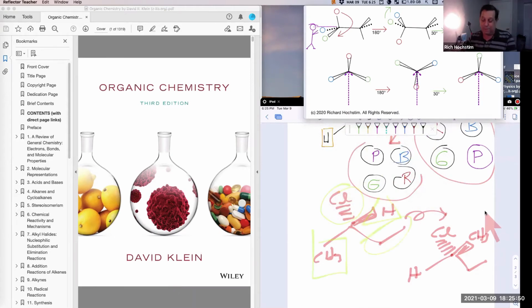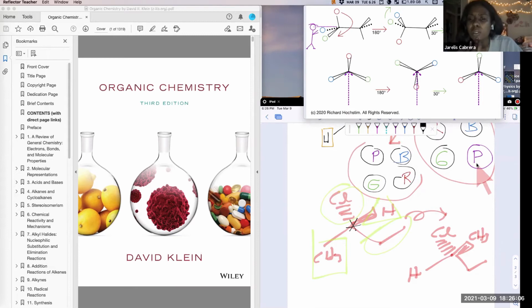right? There's 4 different groups around this carbon, right? Now I'll tell you, I switched 2 groups. And by the way, did the H and the CH3? Yeah. That's what I mean by switched.